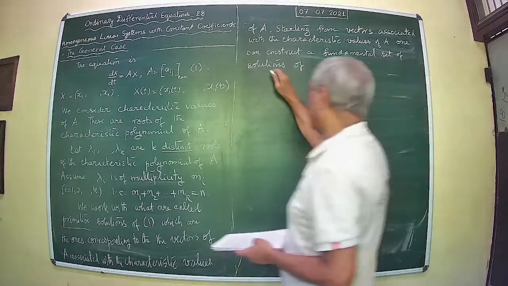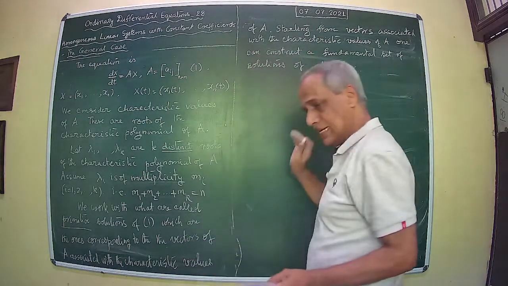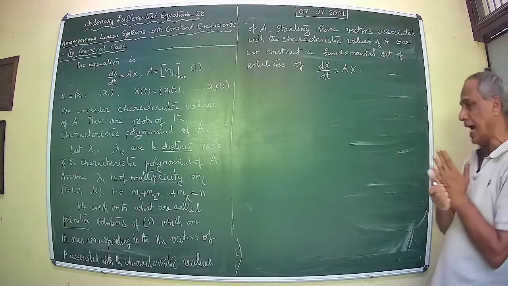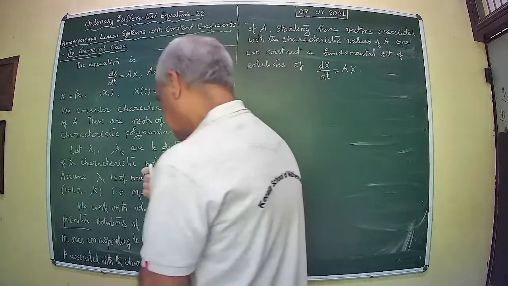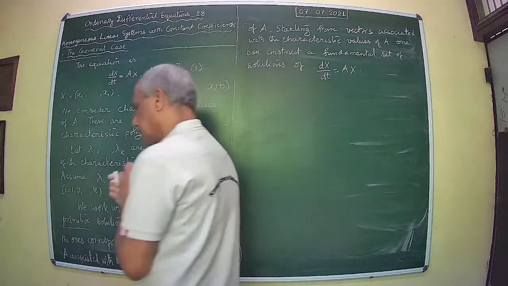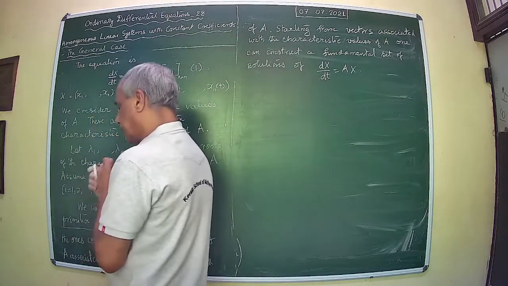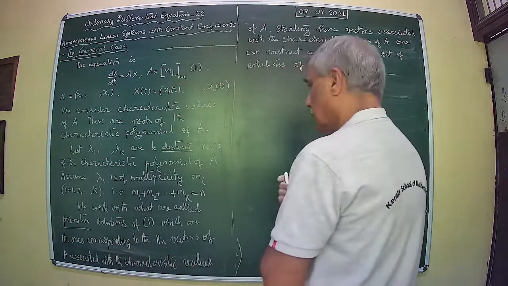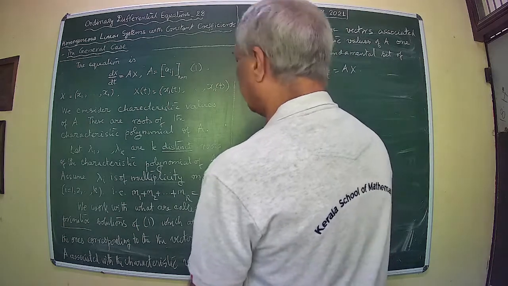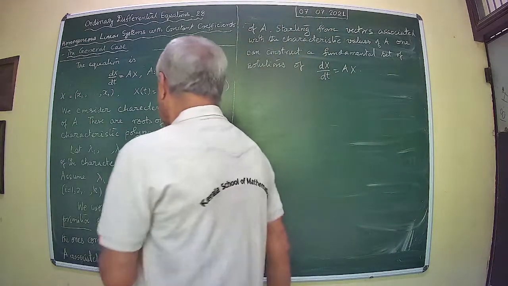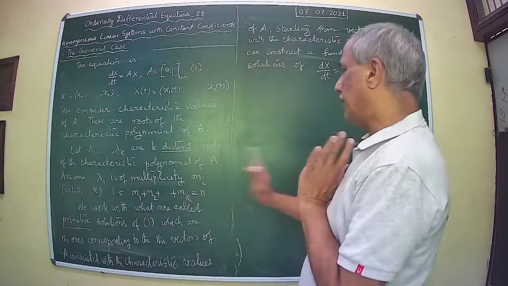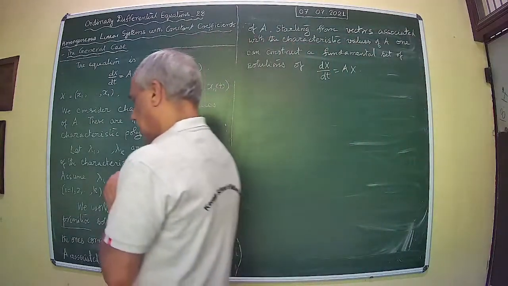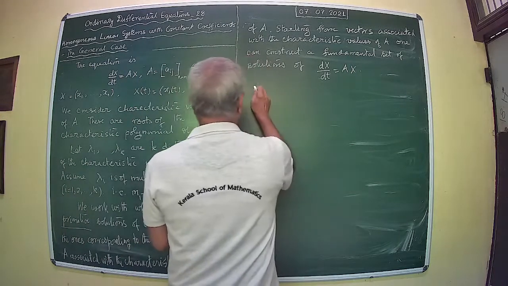So let us start with the notation. Now, let me just explain what is the problem. If you have sufficiently many linearly independent eigenvectors, which amounts to saying that you take one particular lambda i, the algebraic multiplicity of lambda i is mi.